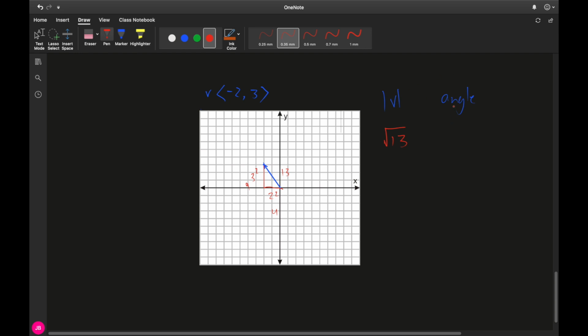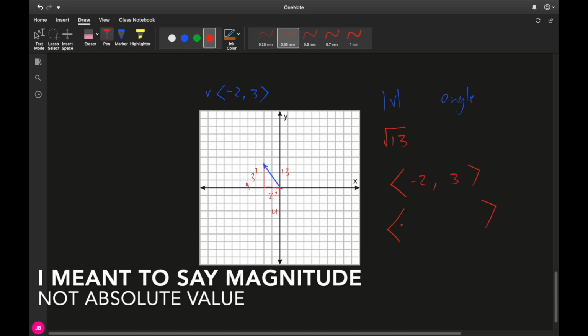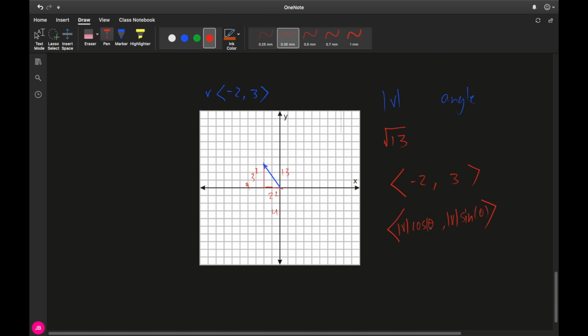But now to find my angle, let's think about this. If v is -2, 3, we can also write this as the magnitude times the cosine of theta, comma, the magnitude times the sine of theta. Then we can use this relationship to find my theta. In other words, -2 has to be equal to my magnitude, which is square root of 13, times the cosine of theta.